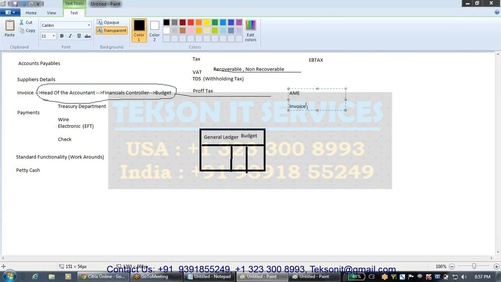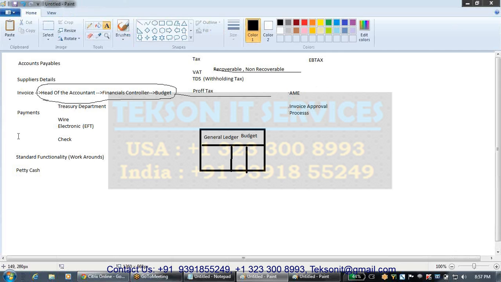This is the invoice approval. In AME we will design the invoice approval process and train you in AME. The payments you can do with wire, electronic, checks, standard functionality, and petty cash.